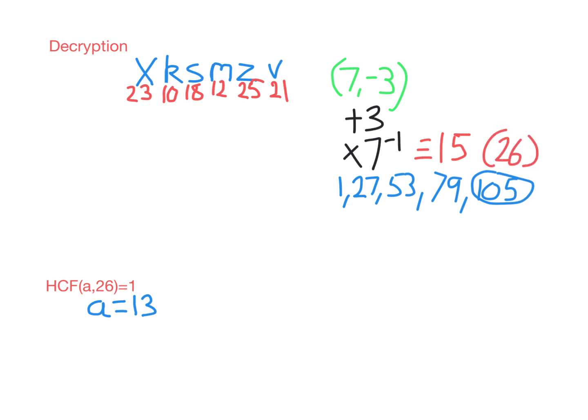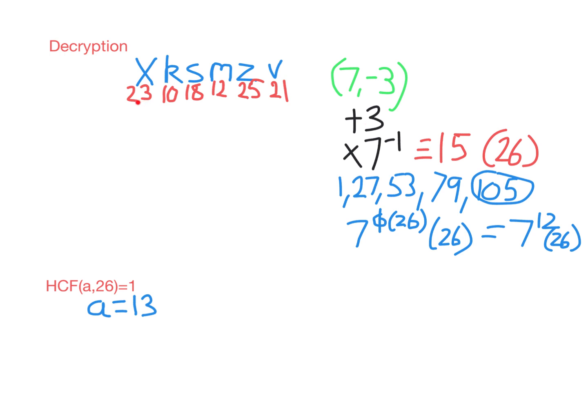So remember the other way that you can find an inverse, you can raise it to the power of phi of the modulus. So phi of 26 is equal to 1 times 12, which is 12. So what we can do instead is calculate 7 to the power of 12, modulo 26. You also get 15. Either way you do it is fine. So because 15 is the inverse, what we're going to do is add 3 and then multiply by 15.